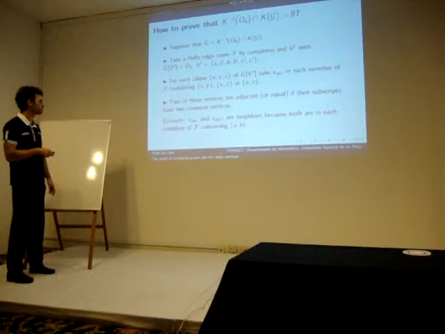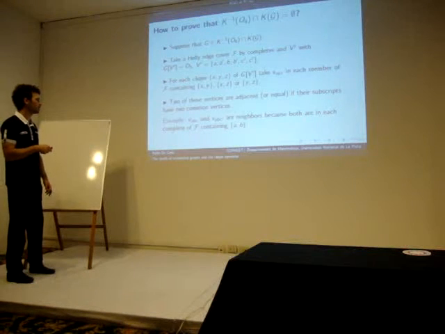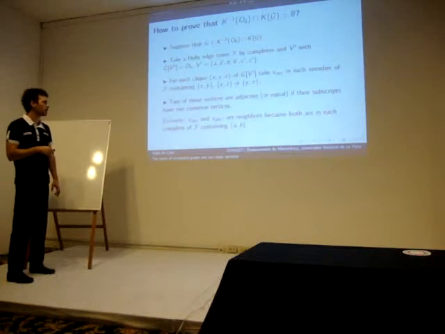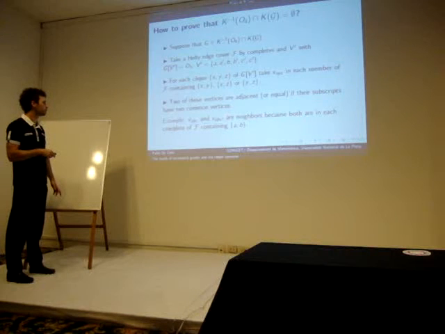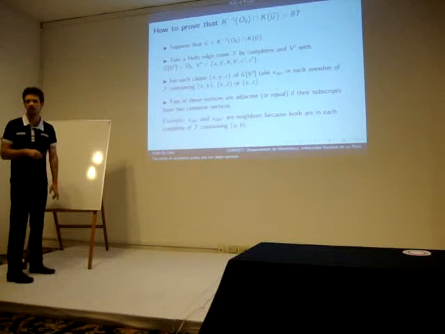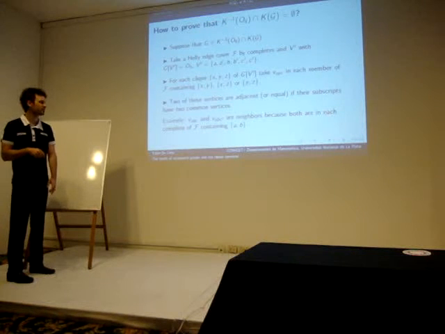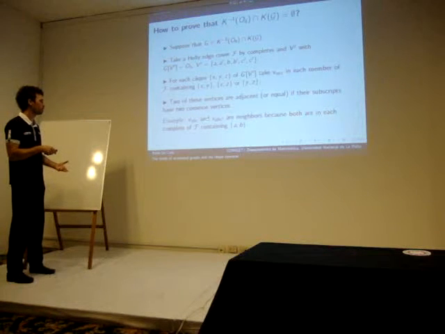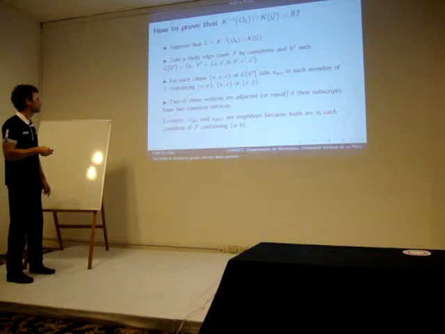For example, the vertex B sub ABC and the vertex B sub ABC prime are neighbors because both are, by definition, in each member of F that contains the set AB. And since the members of F are complete sets, any two vertices inside a member have to be adjacent.